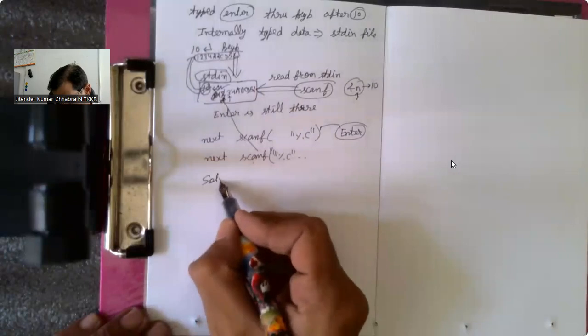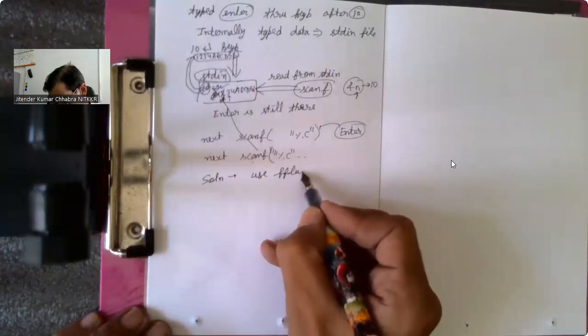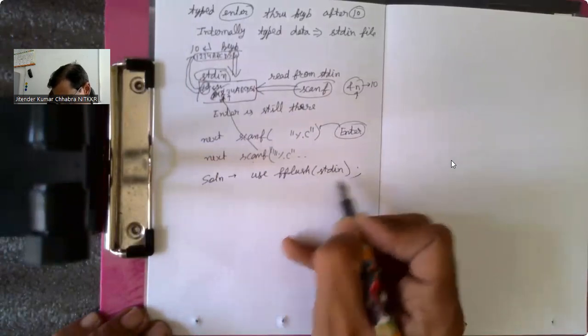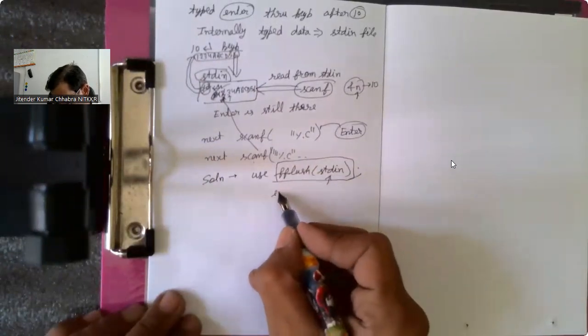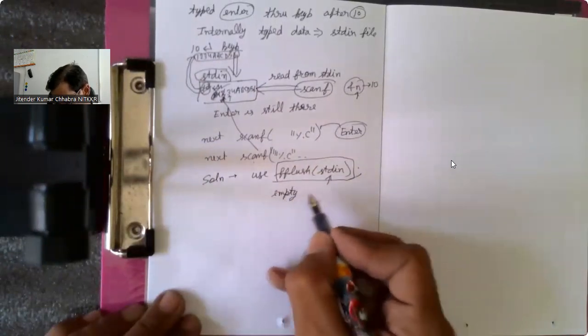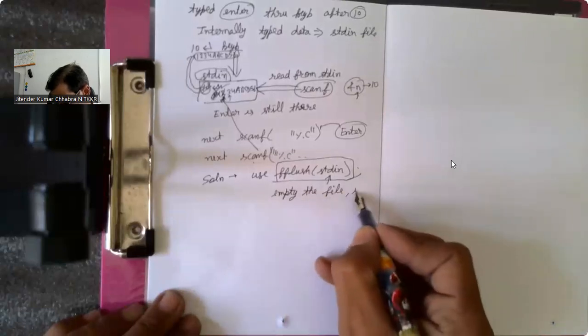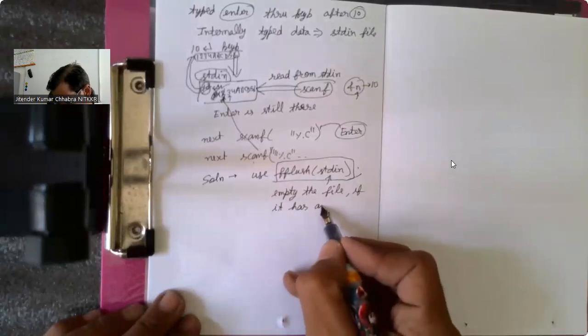The solution to that is to use fflush(stdin). So the stdin file is to be emptied. This command means: empty this file. If it has anything, it is removed; if it has nothing, no problem.